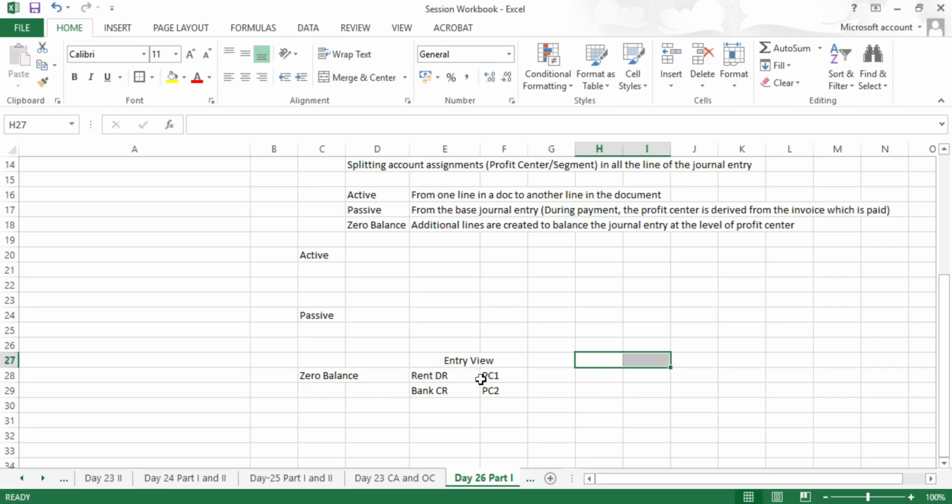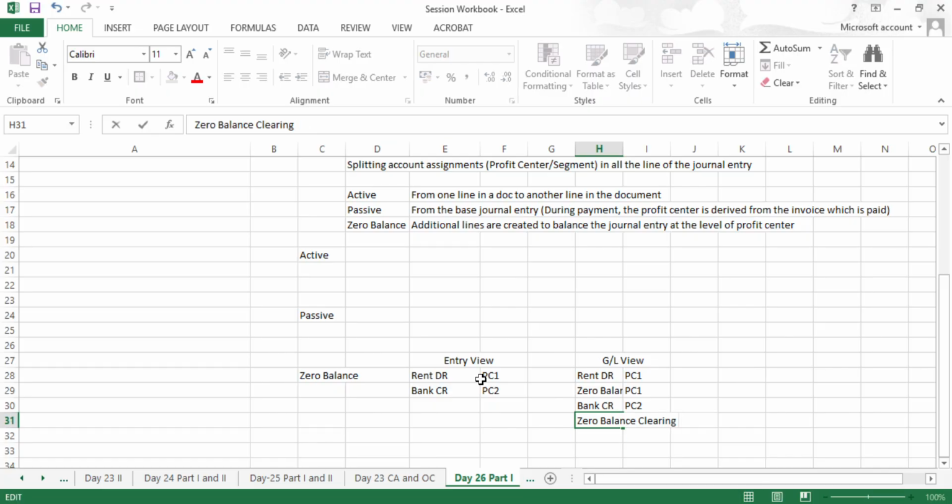What the system will do with the zero balance document splitting in the GL view is rent debit PC1, zero balance clearing credit for PC1, bank credit for PC2, and zero balance clearing debit for PC2.